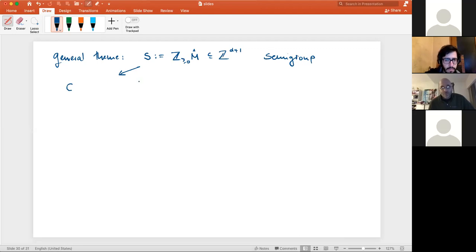And the semigroup algebra, many of you know this: whenever you have a semigroup formed by integer vectors, you can look at the monomials that correspond to these integer vectors.